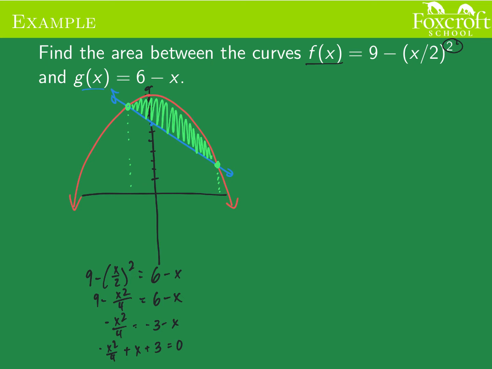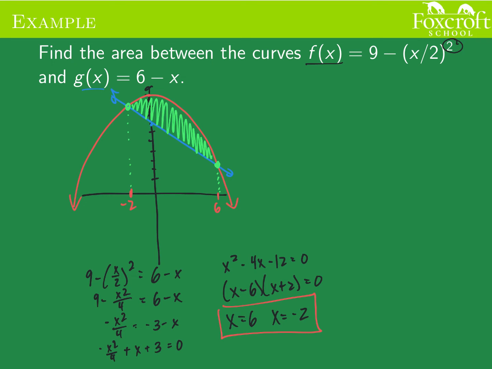Then I multiply everything by -4 to get rid of the fraction and turn the x squared positive. That gives x squared minus 4x minus 12 equals 0. This factors as x minus 6 times x plus 2, since -6 times 2 is -12 and -6 plus 2 is -4. That gives the answers 6 and -2. So that's a bit of side work to figure out that this value here is -2, and that value there is 6.